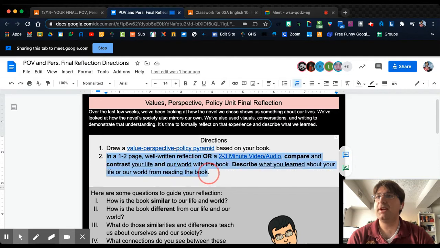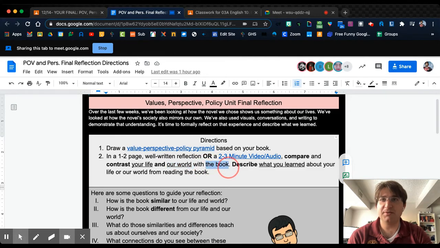Then, in a 1 to 2 page, well-written reflection, or a 2 to 3 minute video or audio speech, if you don't want to write a whole thing, you don't have to. You can do it this way. I want you to compare and contrast your life, our world, and the book that you're reading. You must describe what you learned about your life or our world from reading the book.